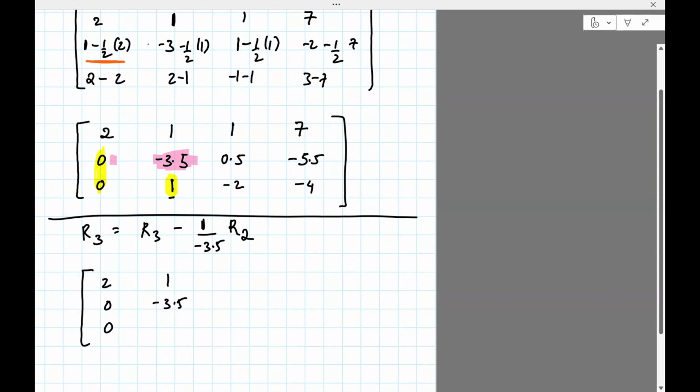Okay, so this one will give you 1 minus 3.5 times row 2 minus 3.5. 1 is unchanged, 0.5 is unchanged. So you'll have minus 2 minus 1 divided by 3.5, and then 0.5.